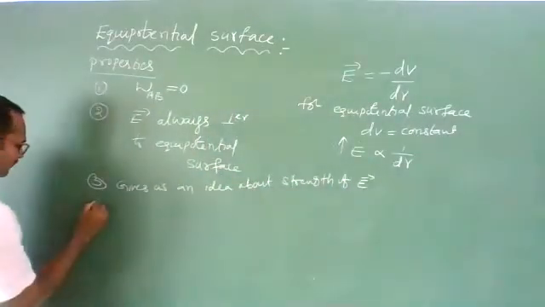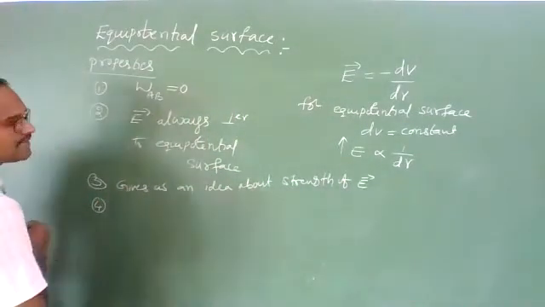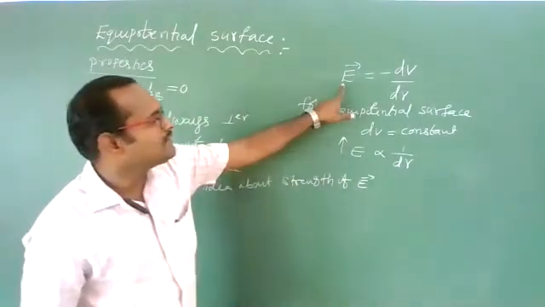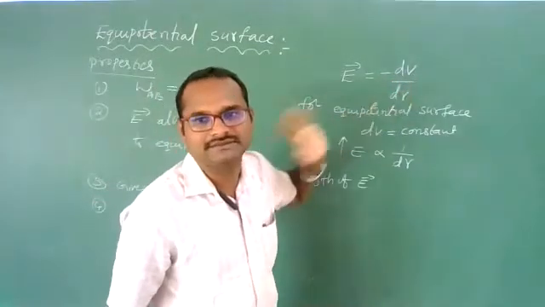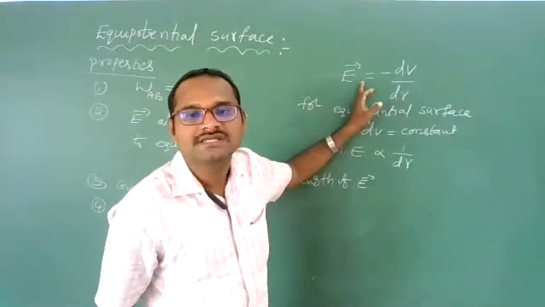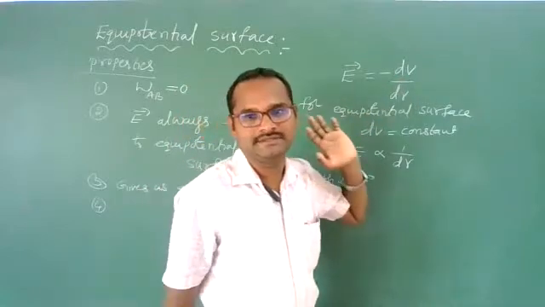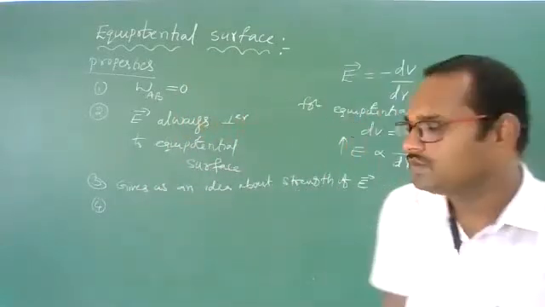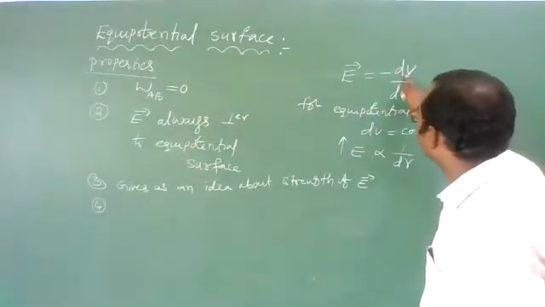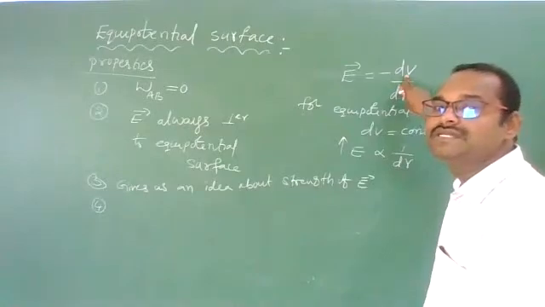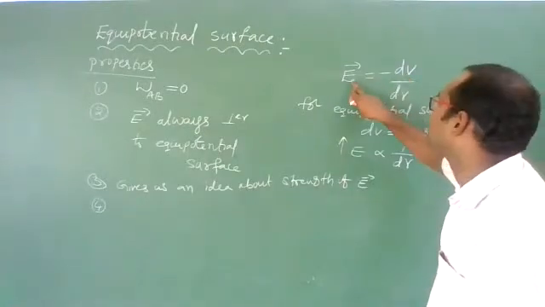Next, the fourth one. As we know, E is equal to minus dV by dr, electric field is equal to negative of potential gradient. Now equipotential surfaces also give us an idea about the direction of electric field.